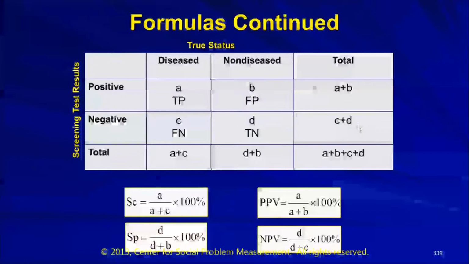Now let's talk about the column work. Sensitivity is A over A plus C times 100%, and specificity is D over D plus B. The most important terms you're going to learn, the ones that speak to the quality of the test, are sensitivity and specificity.